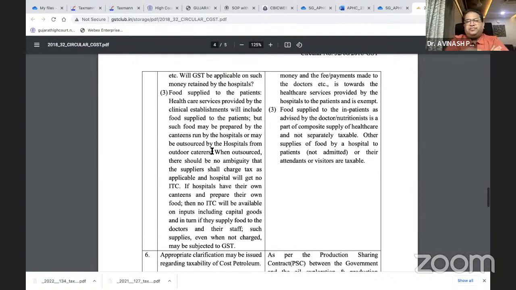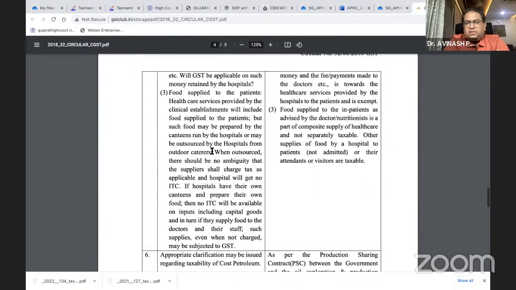Next, food supplied to the patients. Healthcare services provided by the clinical establishments will include food supplied to the patients, but such food may be prepared by the canteens run by the hospitals or may be outsourced by the hospitals to outdoor caterers.